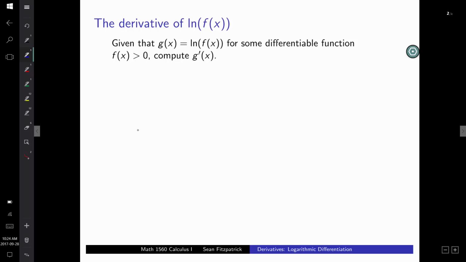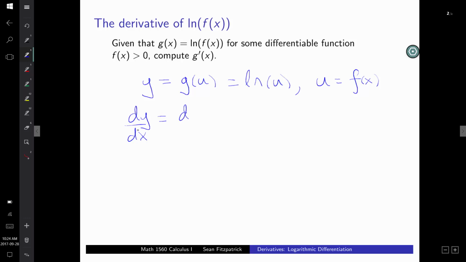Well, if we say y is equal to g of u, so y is equal to the natural log of u, where u is equal to f of x, then our chain rule says that dy/dx is going to be dy/du times du/dx. So dy/du is just the derivative of the natural log function. So we know that's 1 over u.